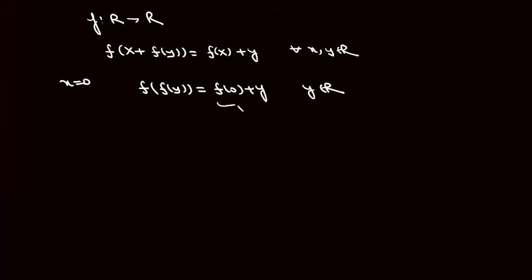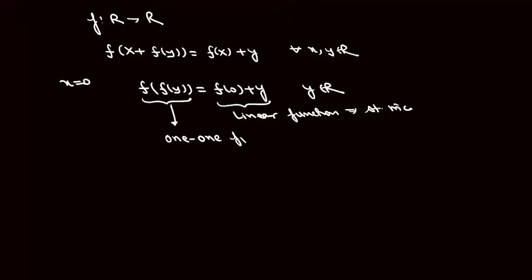Now this right hand side is a linear function. And because it is a linear function, it is strictly increasing. And if it is strictly increasing, this f(f(y)) will be a one-one function. And through the composition lemma, it will give us that this f is injective.